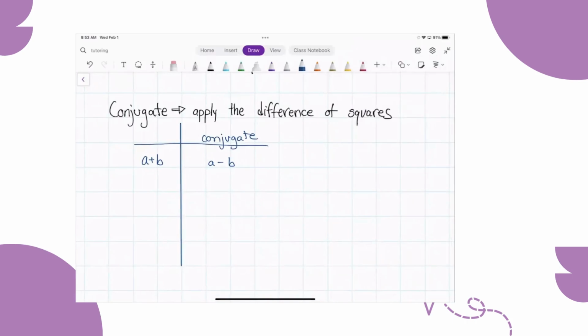If I had 2x minus 7, the conjugate of this will be 2x plus 7, yeah? If I had root x plus 3x squared, the conjugate of this would be root x minus 3x squared, yeah?